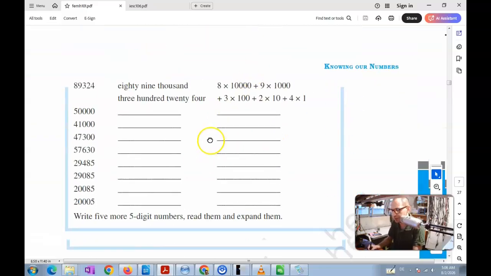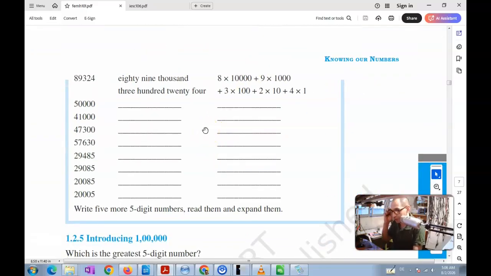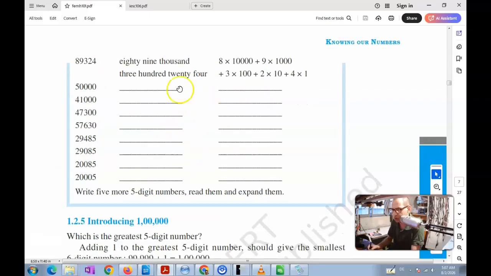Okay. We have this number over here, which is 89,324, which is 8 groups of 10,000, 9 groups of 1,000, 3 groups of 100, 2 groups of 10, and 4 groups of 1.